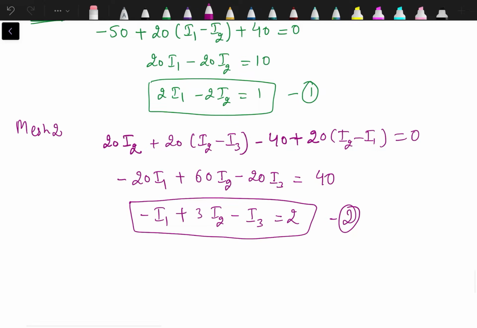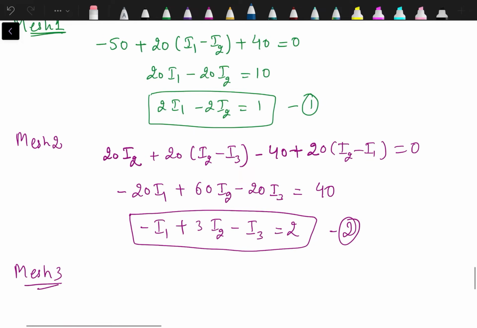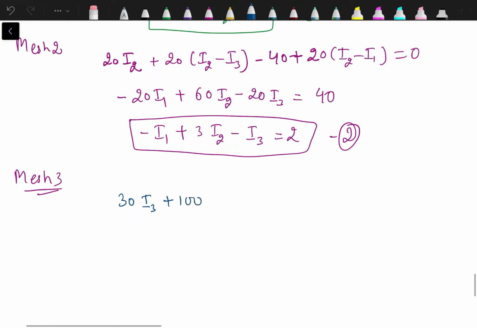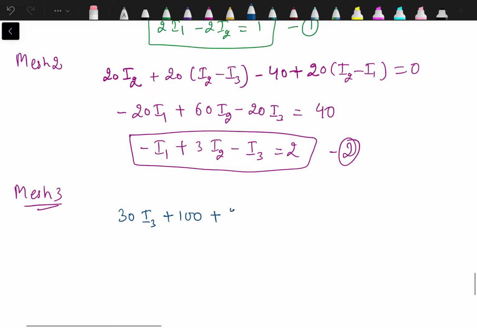And then we need to apply KVL to mesh 3. For mesh 3, we have to assign the voltage drop as per the direction of I3, plus minus, then we have the voltage source. This terminal of the 20 ohm resistance is positive, this is going to be negative. Starting with 30 ohm, plus 30 into I3, then for the voltage source, positive sign is coming first, so plus 100, plus the drop across this 20 ohm, 20 into I3 minus I2, equal to 0.